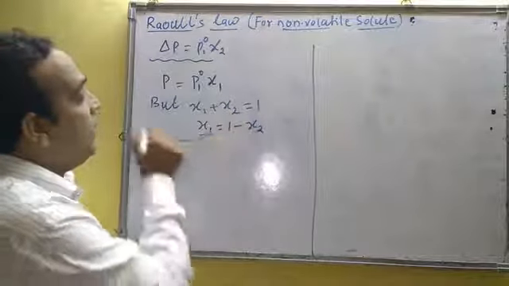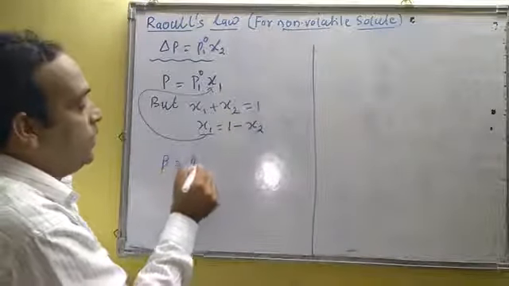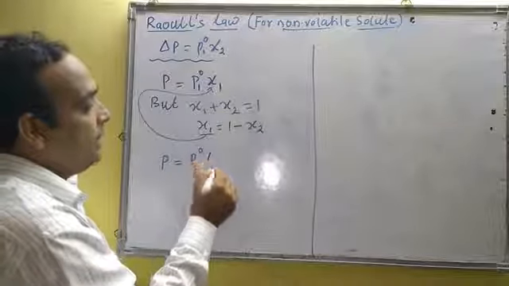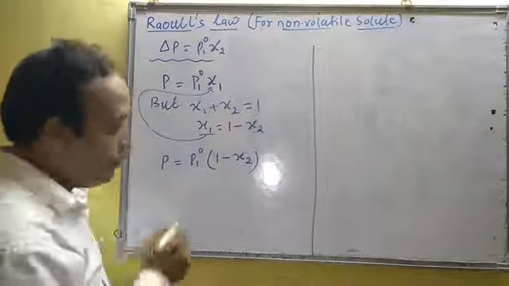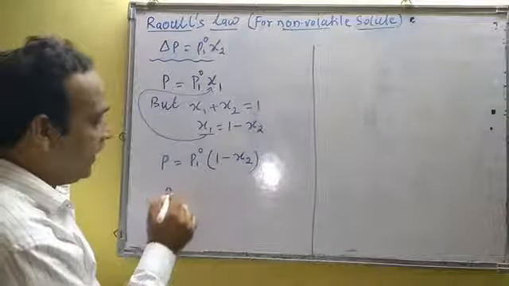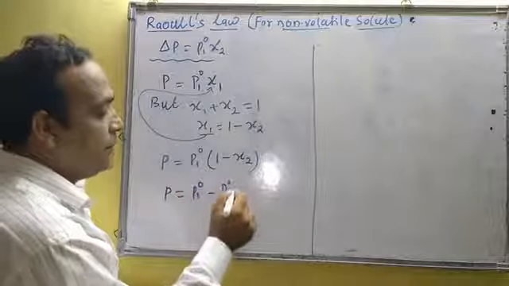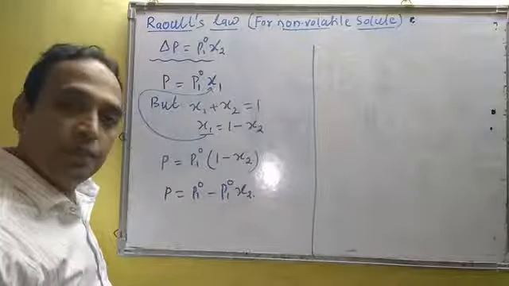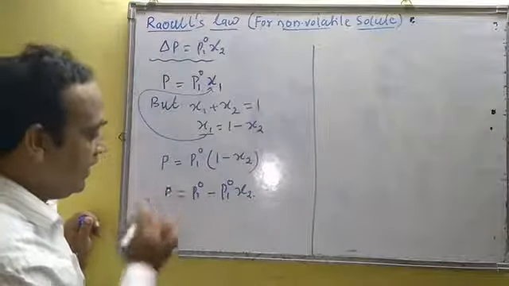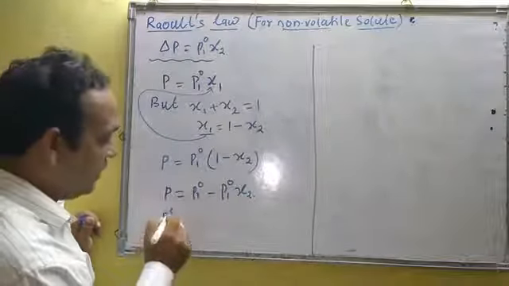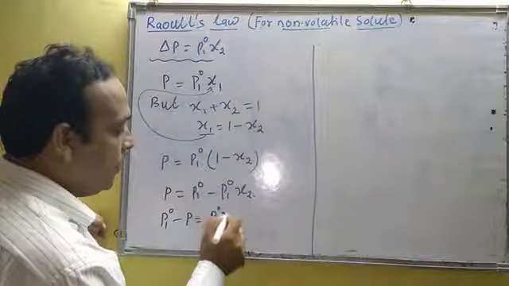Substitute this value of x1 here, we will get P is equal to P1 naught, then instead of x1 we write 1 minus x2. Simplify this equation, so we can write P is equal to P1 naught minus P1 naught x2. Now rearrange this equation. After rearrangement, we can write P1 naught minus P is equal to P1 naught x2.